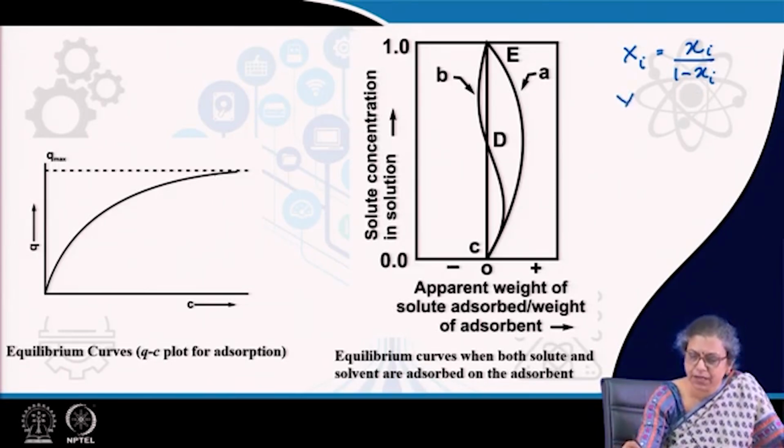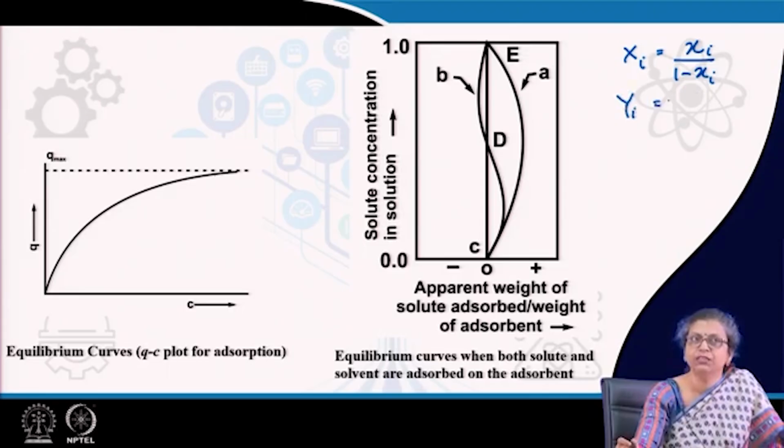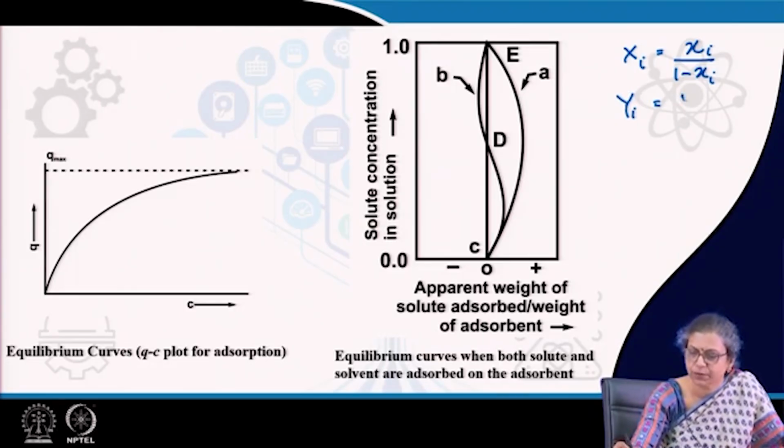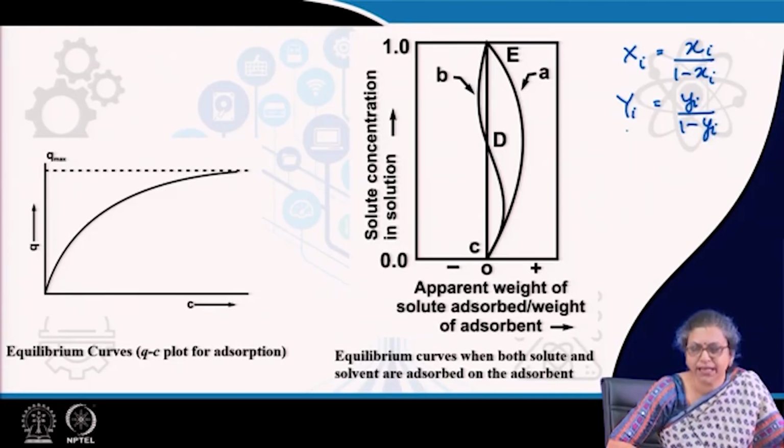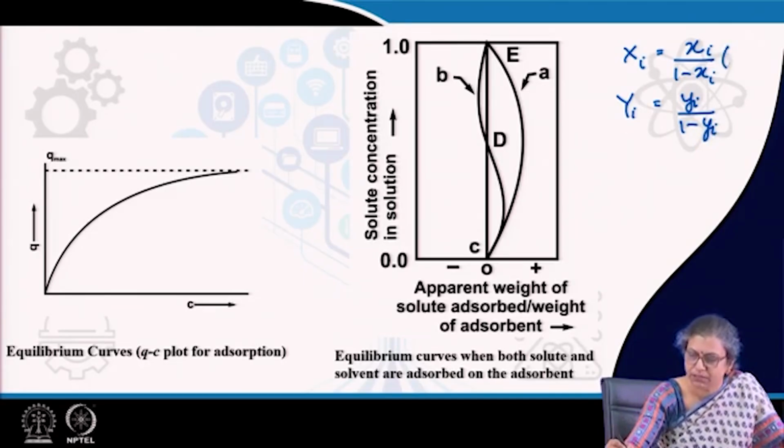In the same way, if we are dealing with the gas phase and the liquid phase, or the vapor and liquid equilibrium, instead of xy data we can also represent the equilibrium in terms of capital X and capital Y data, where these are known as the mole ratio.